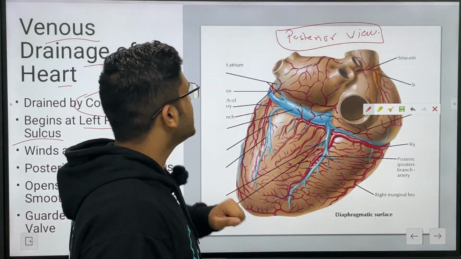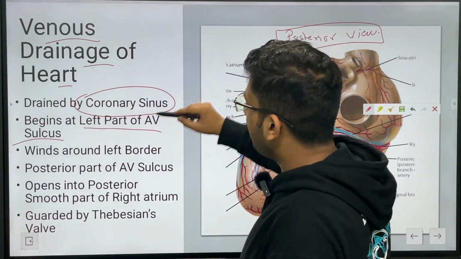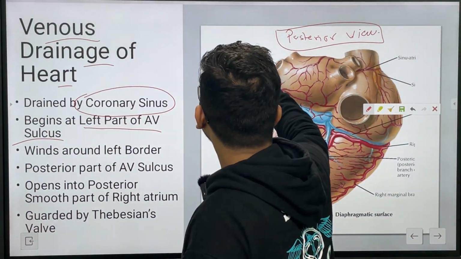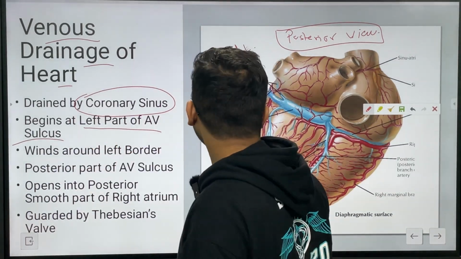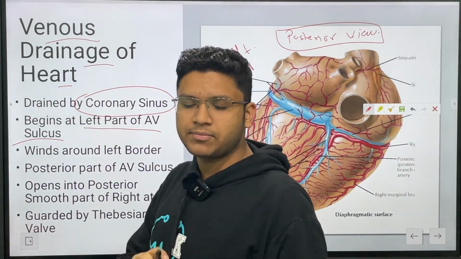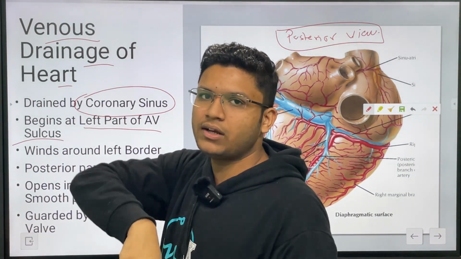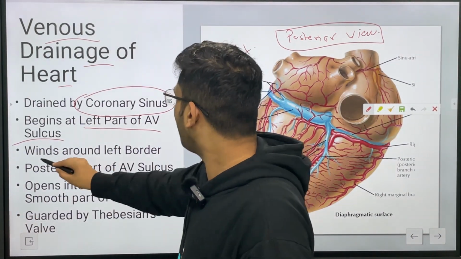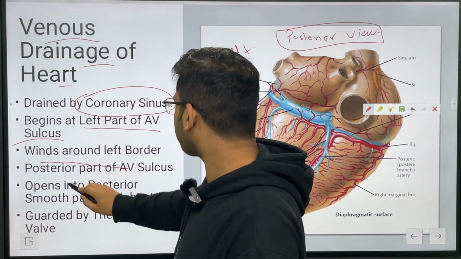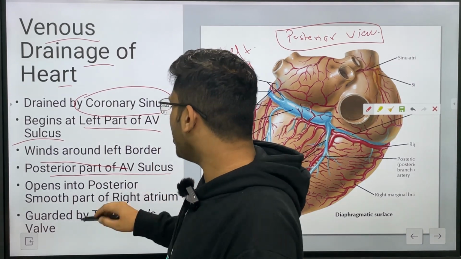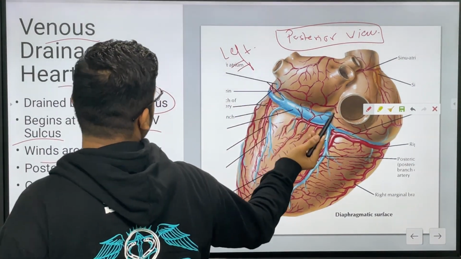It starts on the anterior aspect, on the left side of the atrioventricular groove. Then it winds around your left border and is present in the posterior part of the atrioventricular sulcus. So it starts from the anterior surface and goes like this.